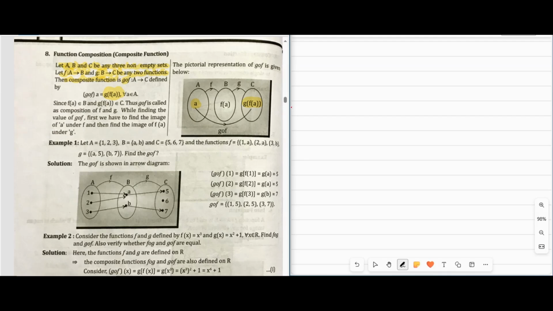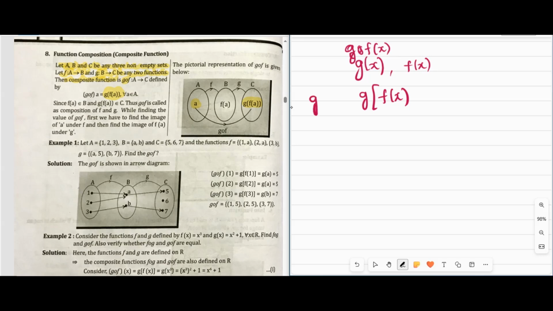So here we can write the composite function as gof of x. We have two functions, g of x and f of x. So gof will be g of, open bracket, f of x.